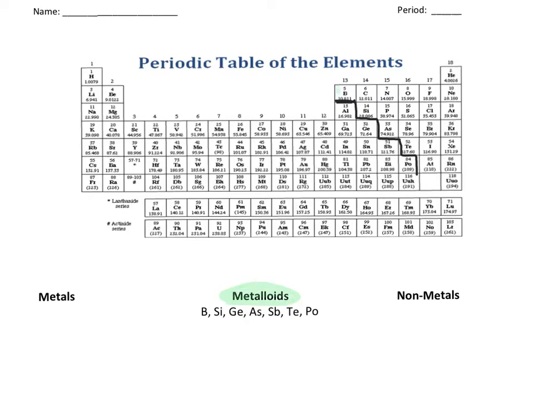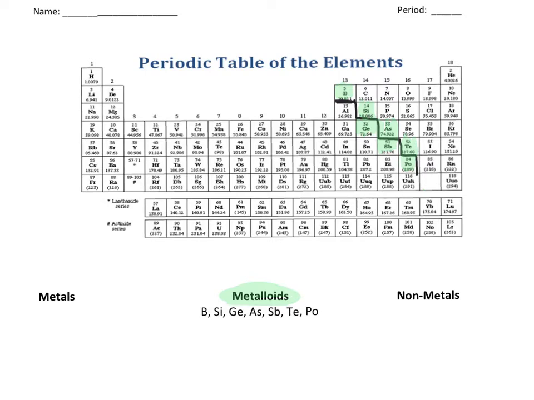And so boron, silicon, germanium, arsenic and antimony, tellurium and polonium. And I wouldn't worry about astatine much. It's one of the rarest elements in the world, so don't worry about those. We're just going to stick with these as our metalloids.